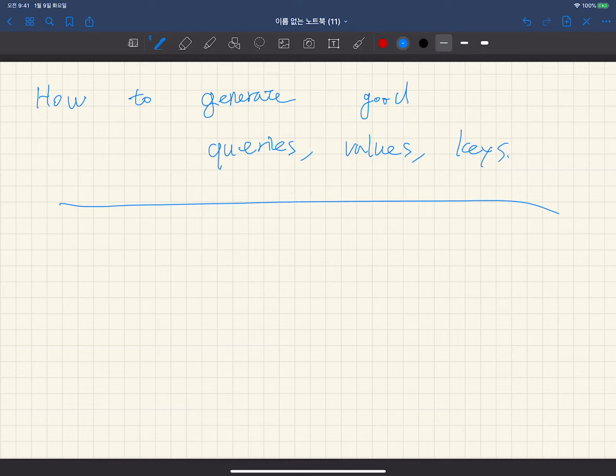So all the queries, values, and keys, of course, will be controlled by some learning process and some parameters inside your neural networks. So the parameters of transformers, and some pre-trained word embedding vectors are also very important to generate such good queries, values, and keys.